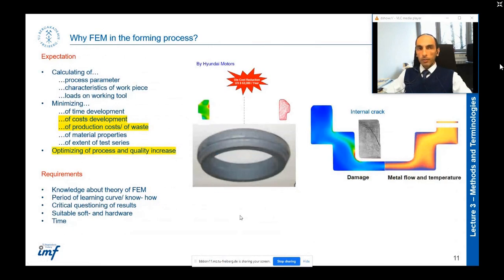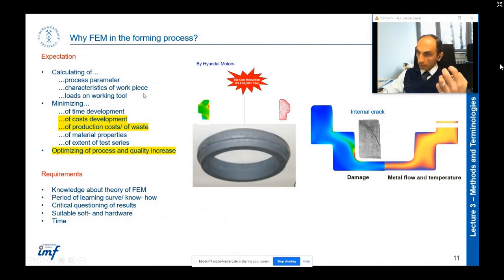What's the purpose of using finite elements? What do we expect when we use the simulation or finite element method for simulation? We expect to calculate the process parameters and to calculate the characteristics of the workpiece.